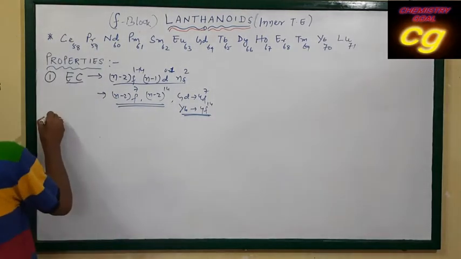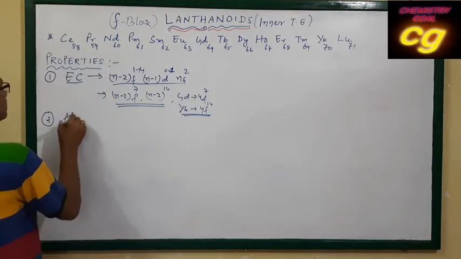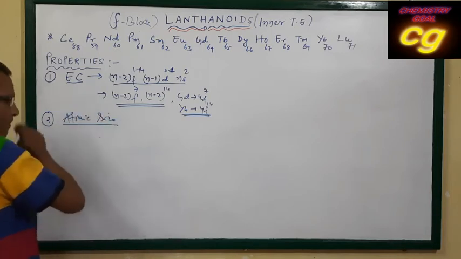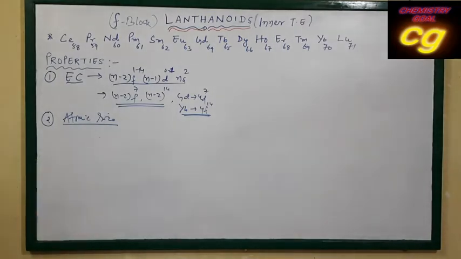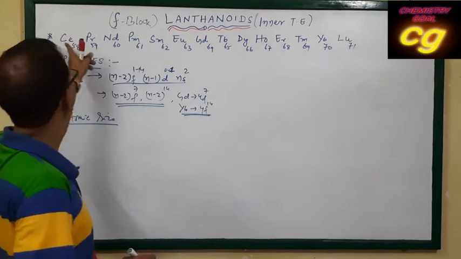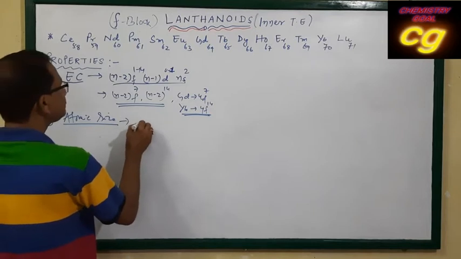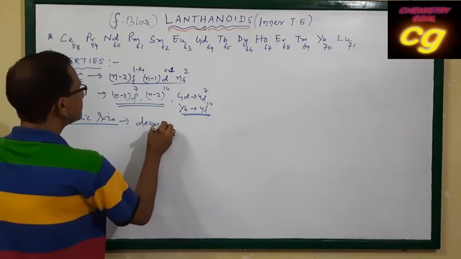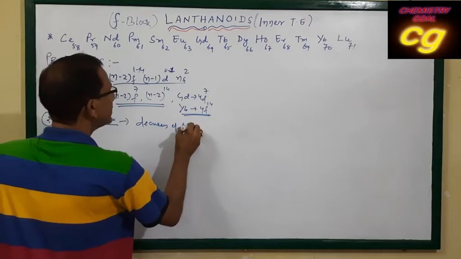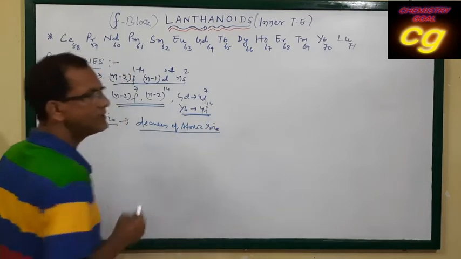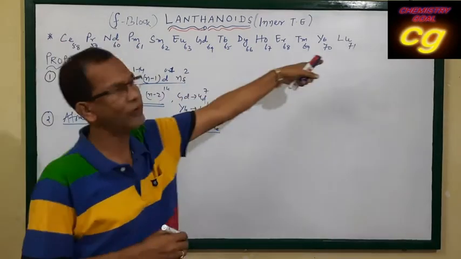Then the next one is atomic size. If you see the atomic size, generally it is observed that from cerium to lutetium the atomic size decreases from left to right.